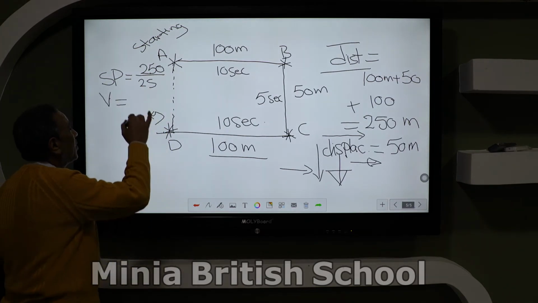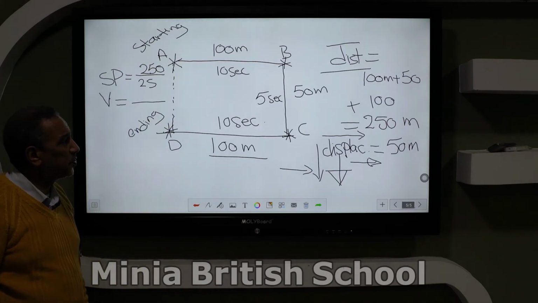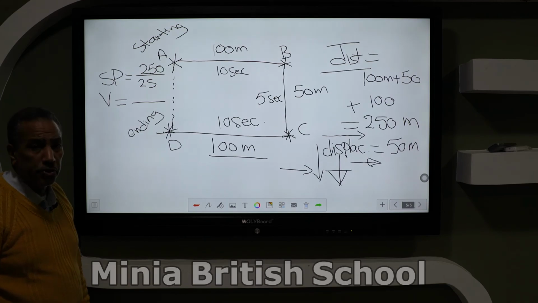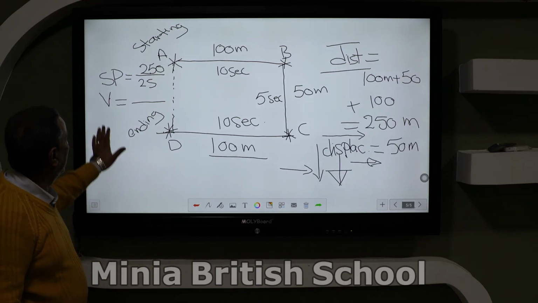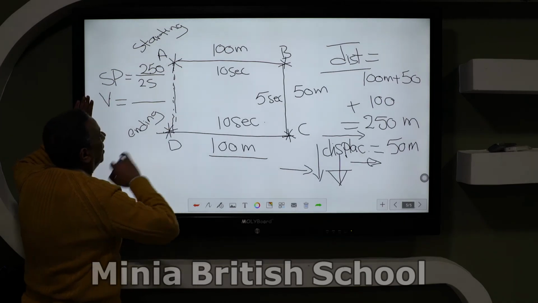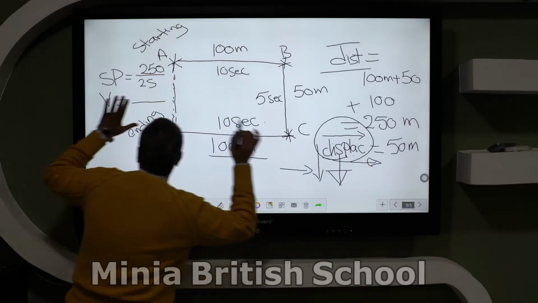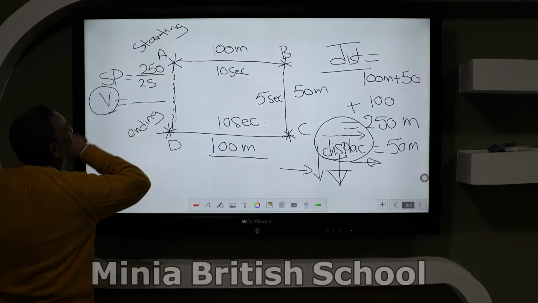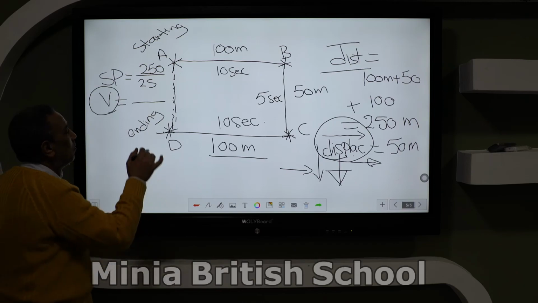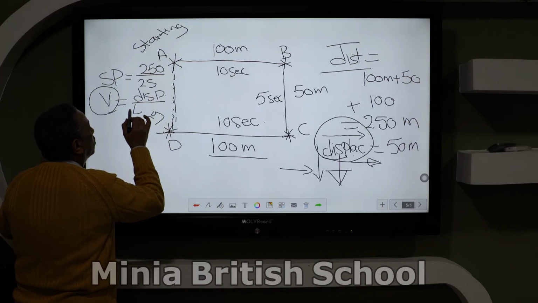But if you are going to calculate the velocity, here we are going to take the displacement, because there is a relation between the value of the displacement and calculating the velocity. So the velocity will be the displacement over also the total time.